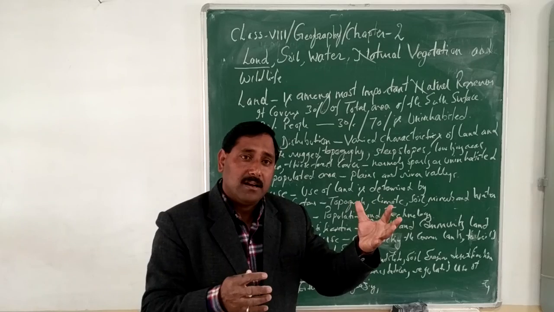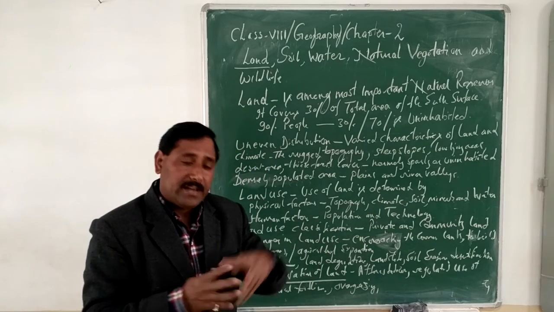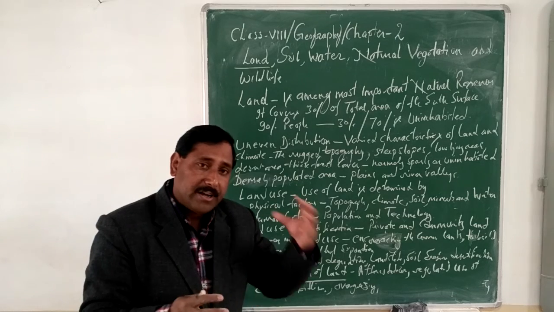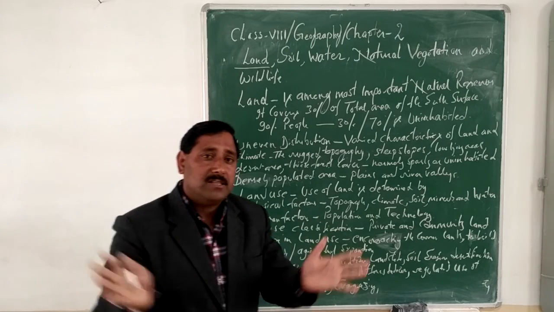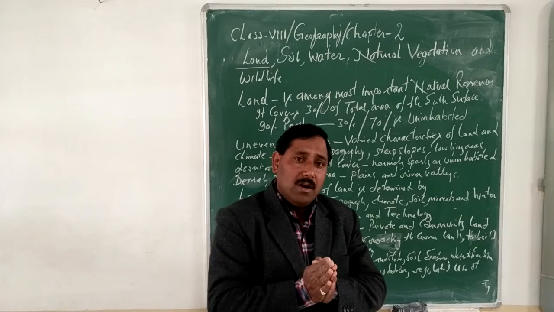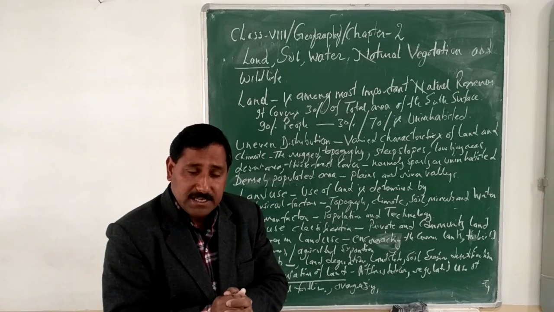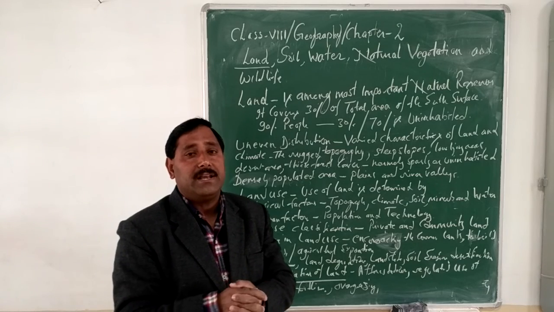It affects their life: the terrain, the type of soil, the climatic condition, all of it determines the different characteristics of the land surface and the people living in that area.